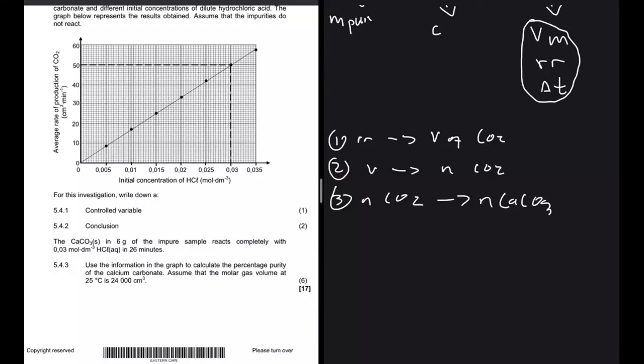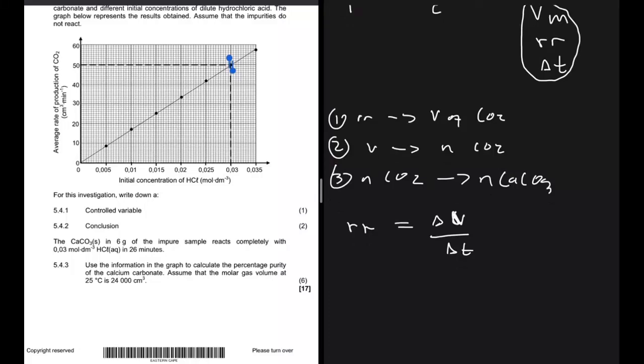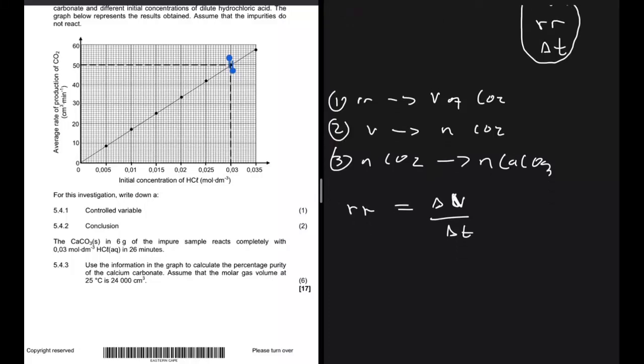So we know that for a gas, the reaction rate is equal to the change in the volume divided by the change in time. And then if we take this bullet point at the top, where HCl is 0.03, the average rate of production is 50 centimeter cube per minute, right? So we're gonna have 50 equals the change in volume divided by the change in time.